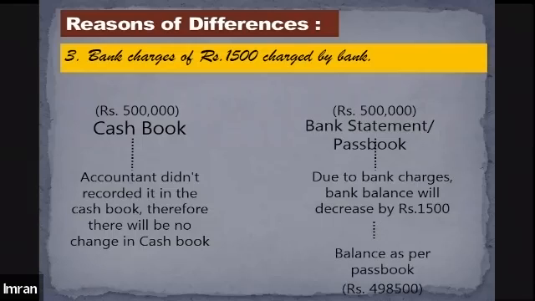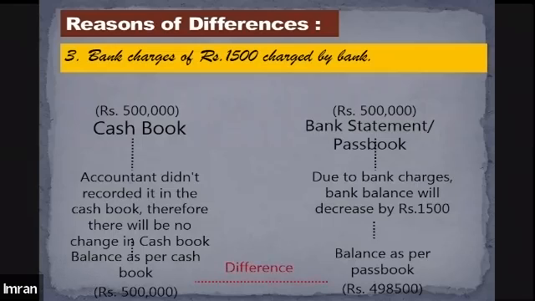So at the end of the month, the balance as per passbook will be 4,98,500. On the other hand, the cash book will be reflecting the same balance, which is 5 lakh. And this leads to a difference between the passbook balance and the cash book balance, which requires us to prepare the bank reconciliation statement.